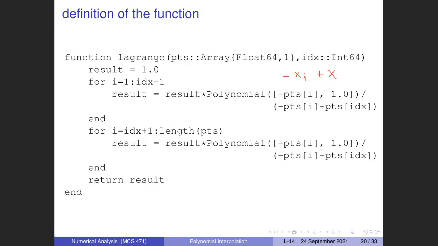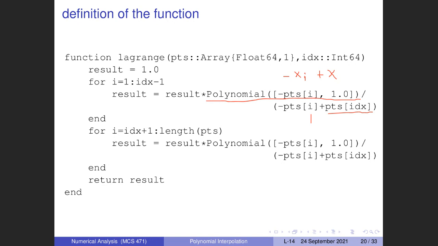So the polynomial here is the polynomial x minus xi, where the coordinates of the xi's are in the array called PTS, in these points. And notice the symmetry. We divide by the difference between the ith value, so given by the x here, with the ith point.